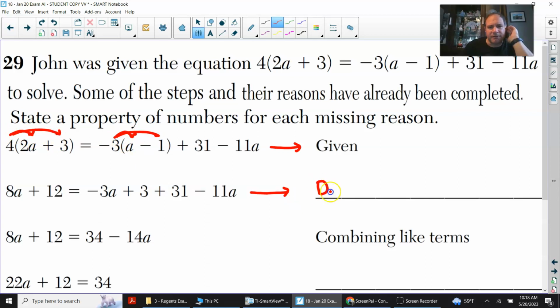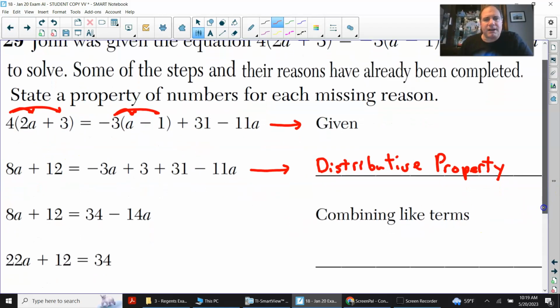It is distributive property. A lot of times I like to say distributive property over addition, distributive property over subtraction, but that's just too much to explain because it is happening over both. So you just put distributive property, you'll get full credit.